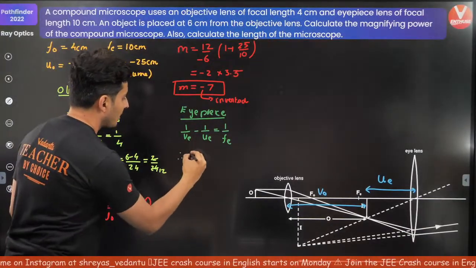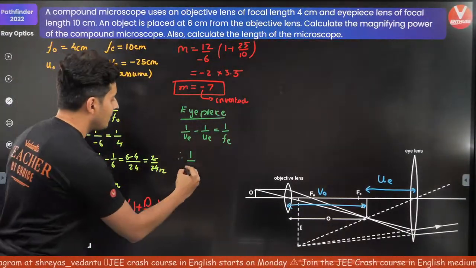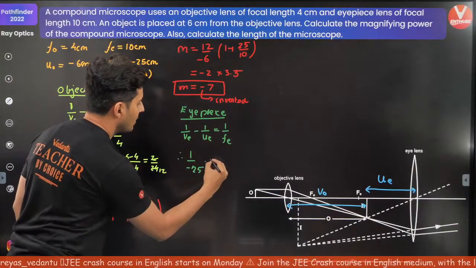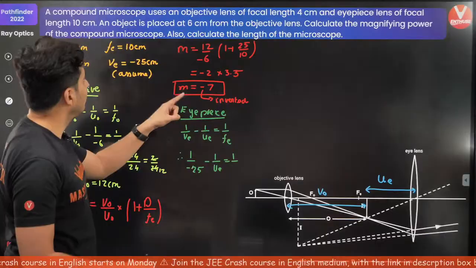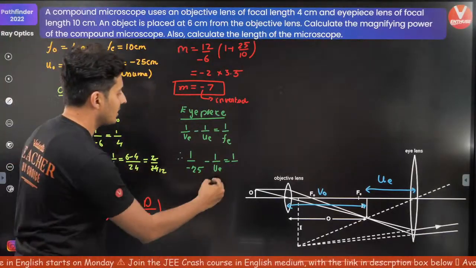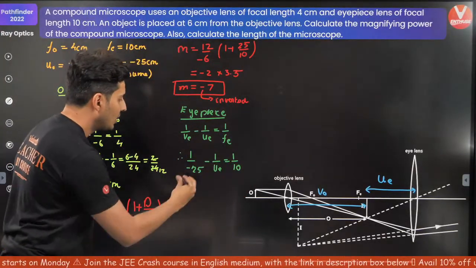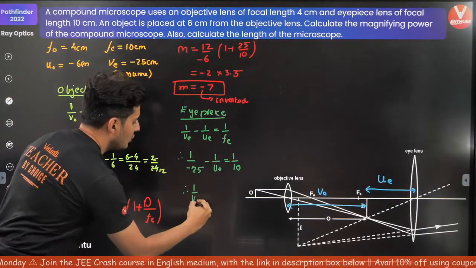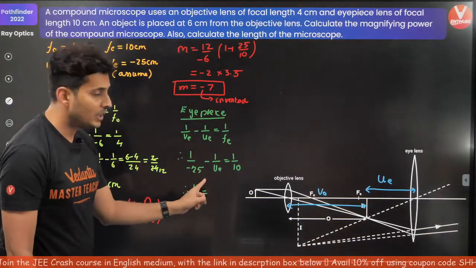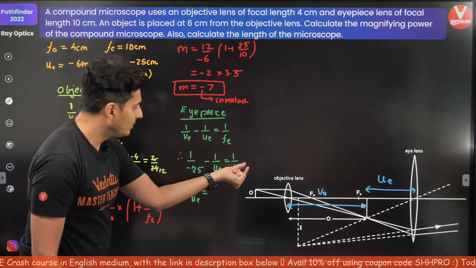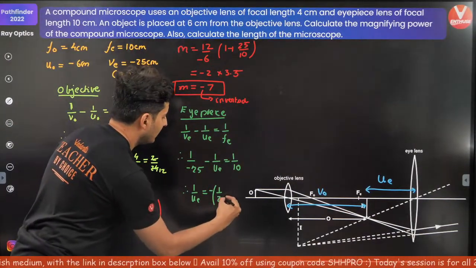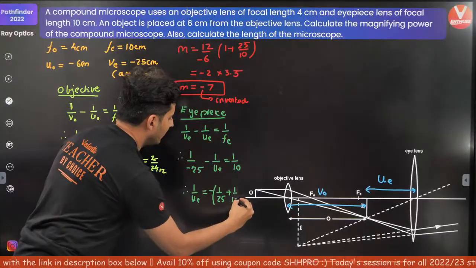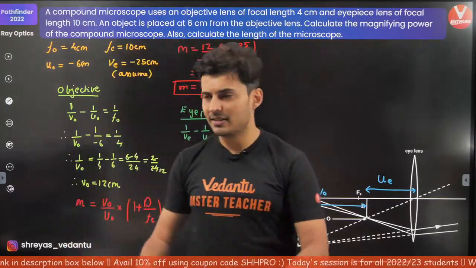So therefore, 1 by VE, VE is minus 25, minus 1 by UE is equal to 1 by focal length. Is the focal length known? Yes, it is 10 centimeters. Fair enough. So therefore, 1 by UE, check this out. What is 1 by UE? Take it on the other side, bring 1 by 10 on this side. So it will become minus 1 by 25 plus 1 by 10. So let's take LCM and see what we get.